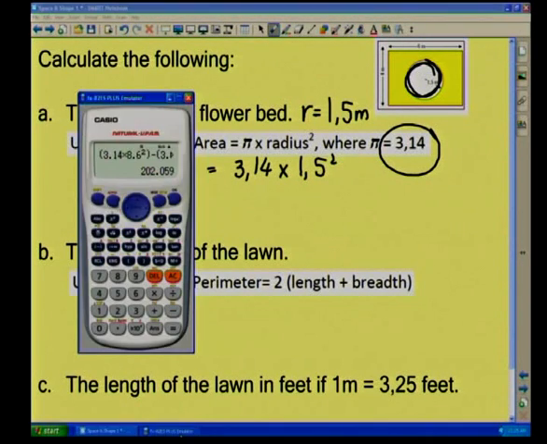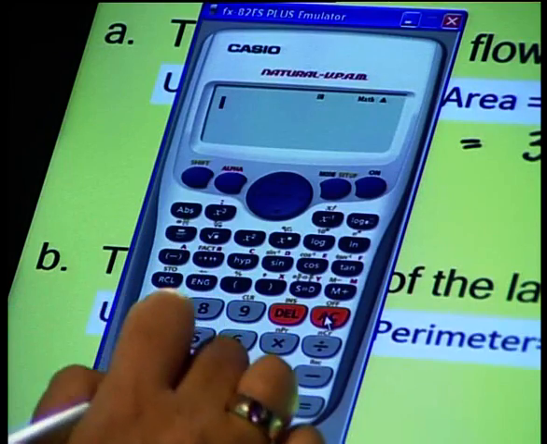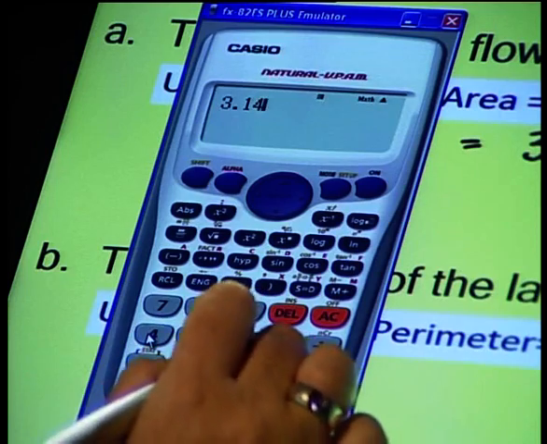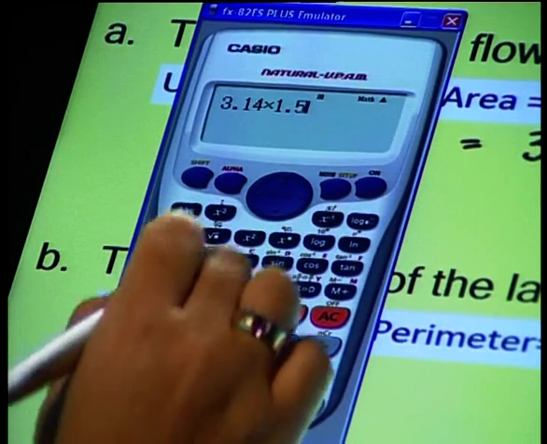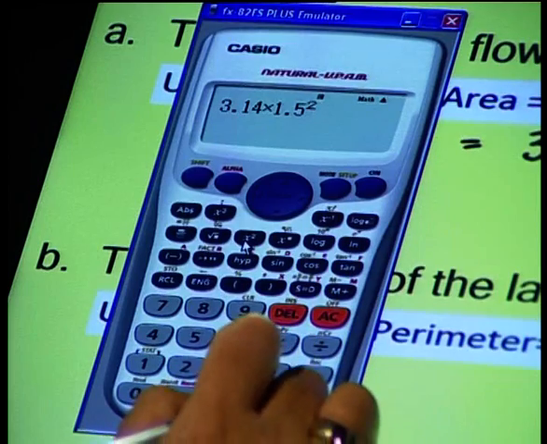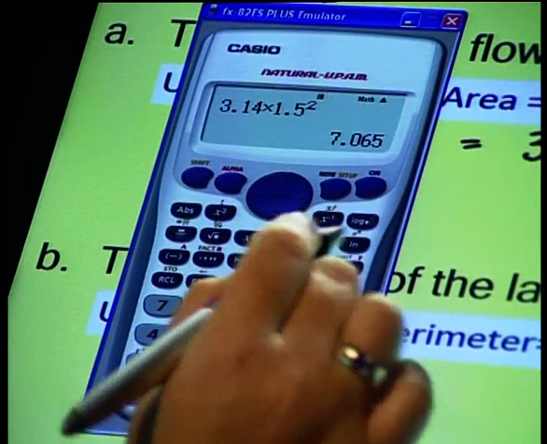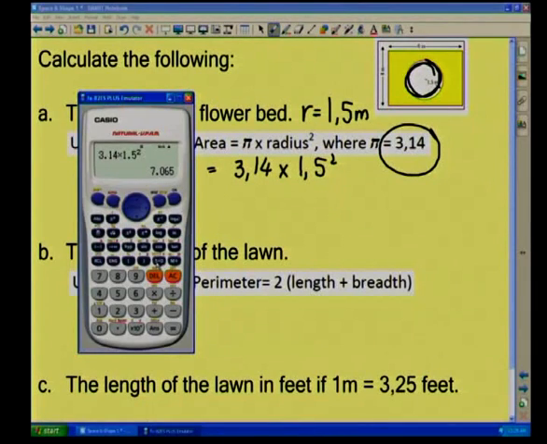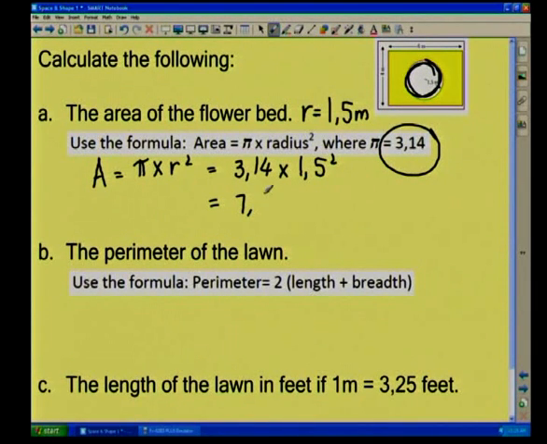Getting out my calculator, 3.14 times 1.5 squared equals 7.065. And in this case it's measured in meters, so it's going to be meters squared.